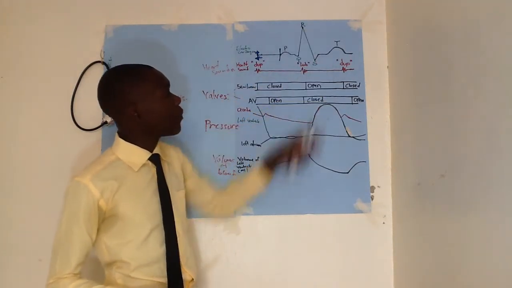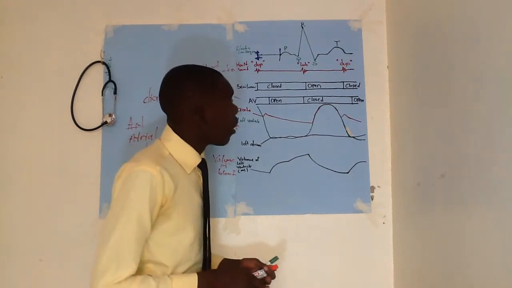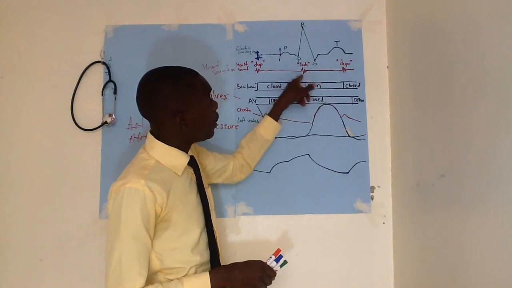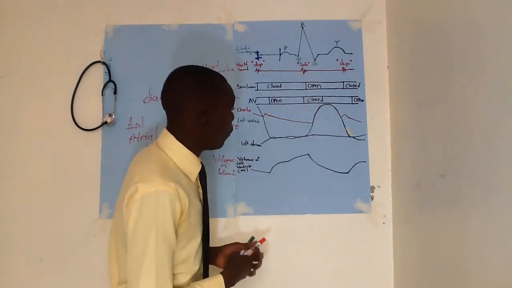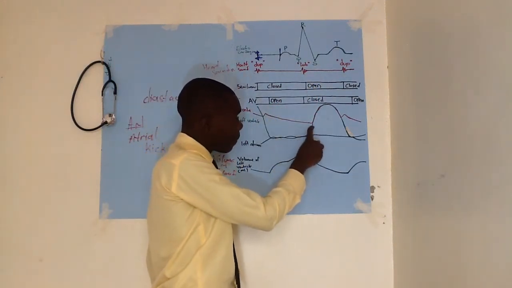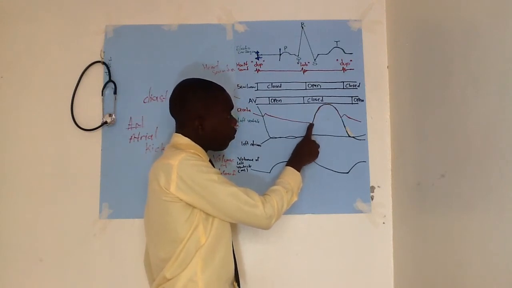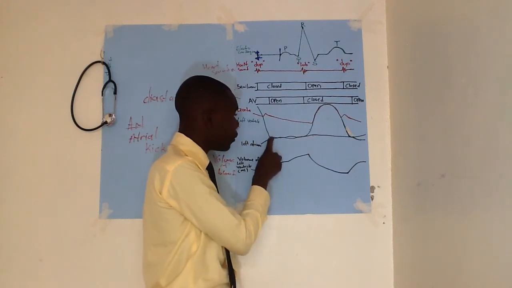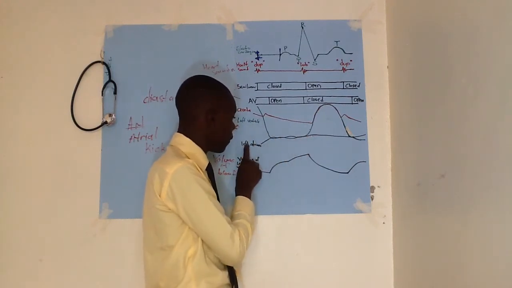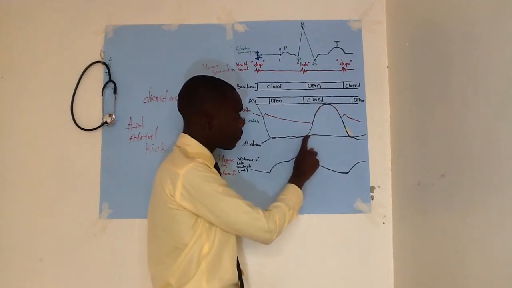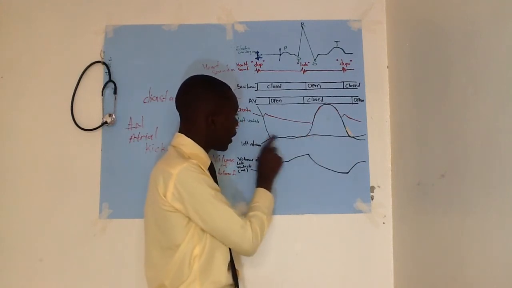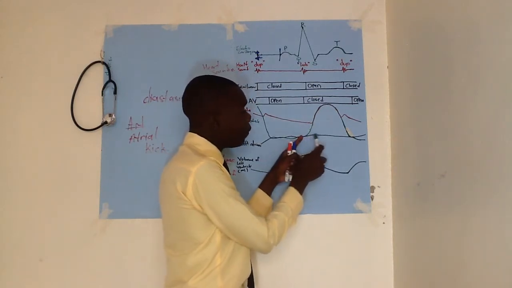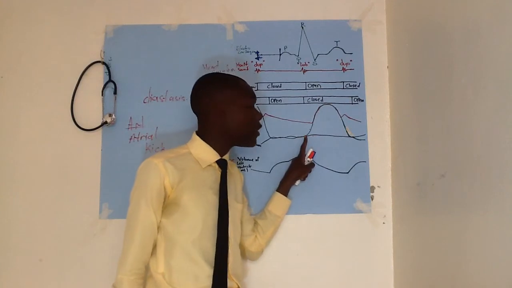After the QRS, first of all, we need to know where this sound lub is coming from. We have seen that a point will come where the pressure in the ventricles becomes higher than the pressure in the atrium. As the pressure in the ventricles increases, it will force the atrioventricular valves closed.